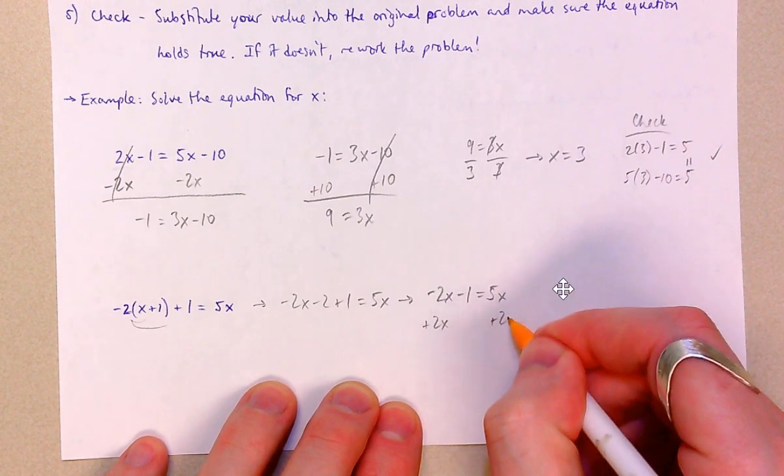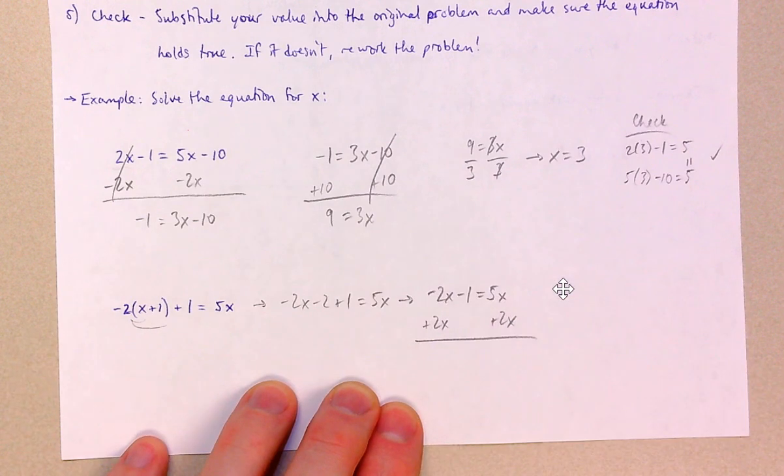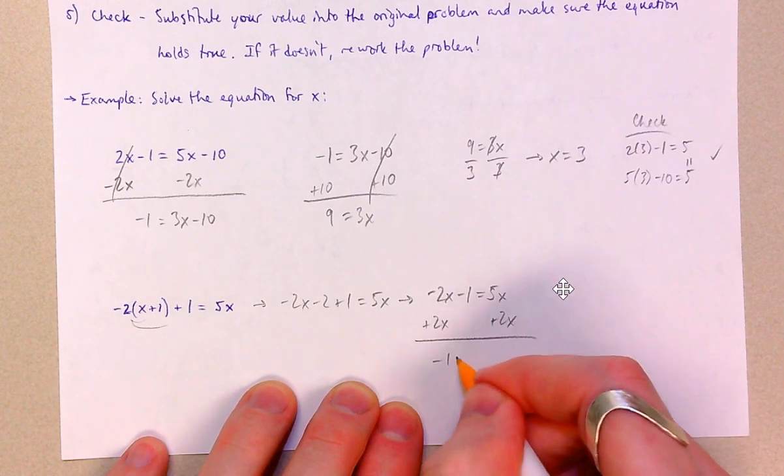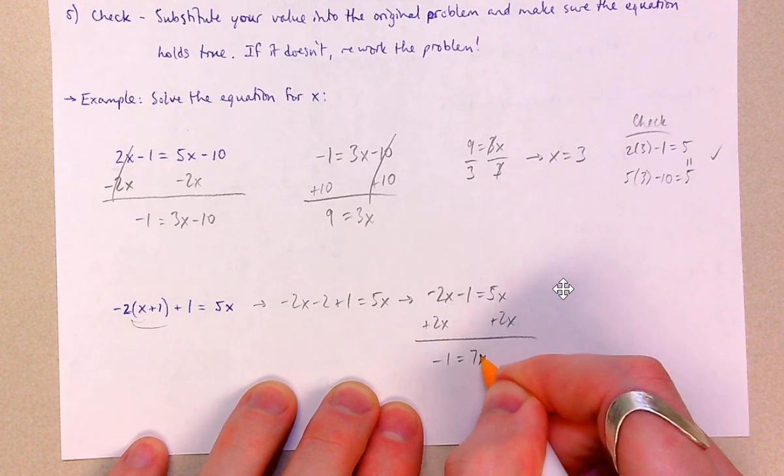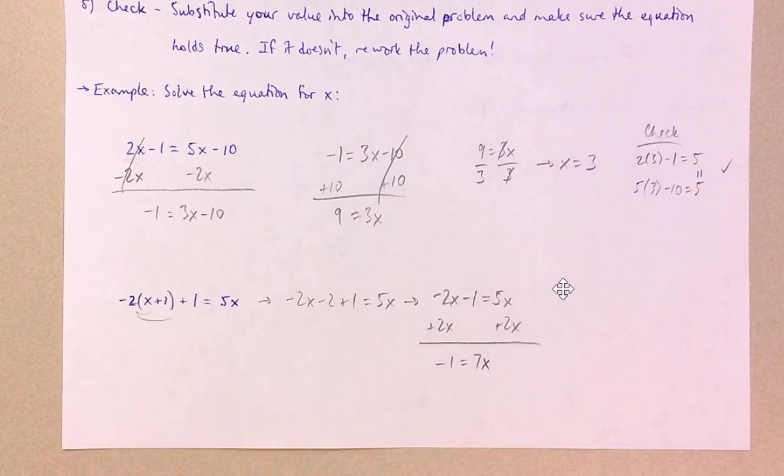And then, as we know, what you do to one side, you've got to do to the other. So that gives me -1 is equal to 5x plus 2x, or 7x. I already have the constants all by themselves on the other side, and they're combined, so that's good.